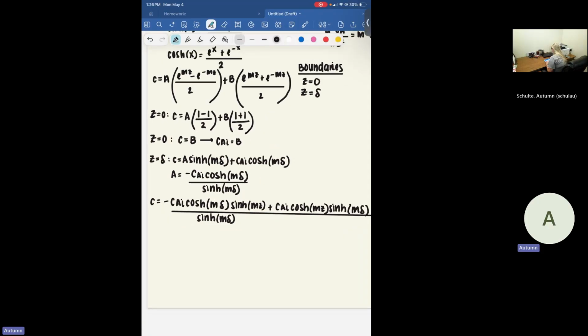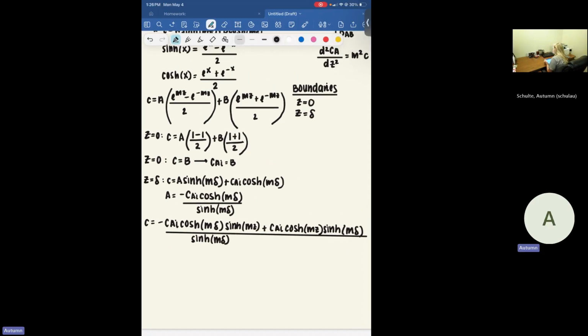So now we're left with this equation, which seems extremely long, but there's actually certain relationships between hyperbolic sines and cosines that we can use in order to simplify this.